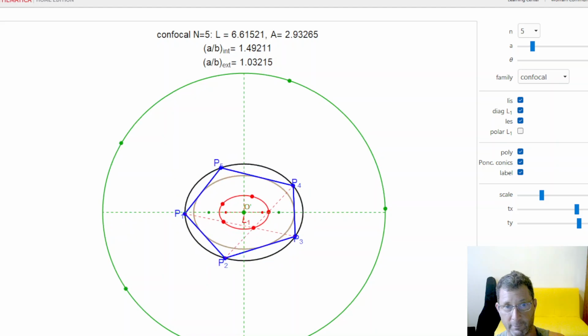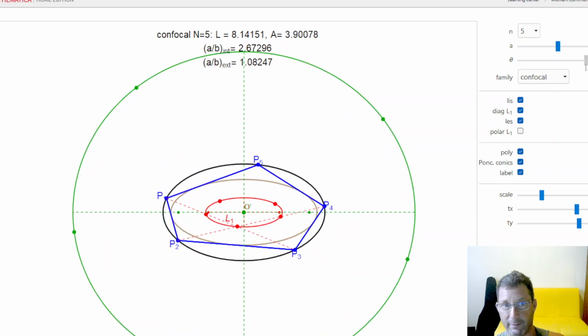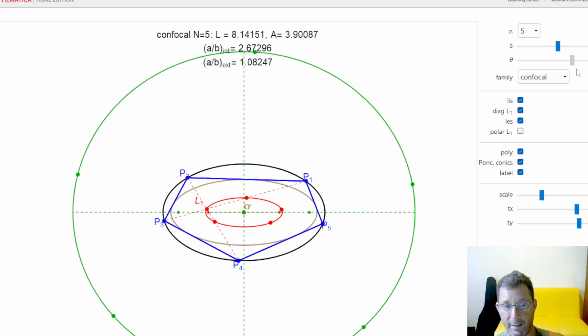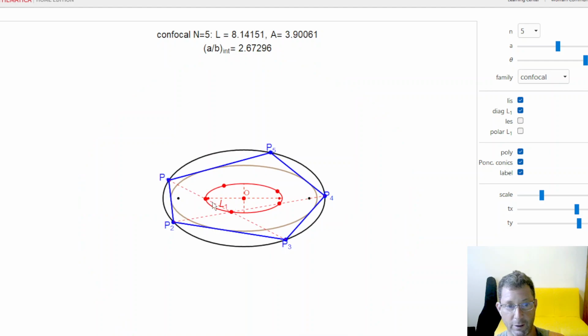This is different from the previous experiment, right? And it also seems to be confocal, with a confocal pair generating this Poncelet family. How do I know this? Because its foci, shown here in green, are lying exactly on the foci of my original Poncelet pair, if I turn this off, which subtends this confocal pair.